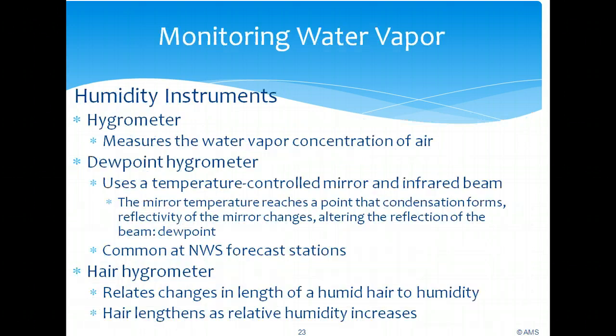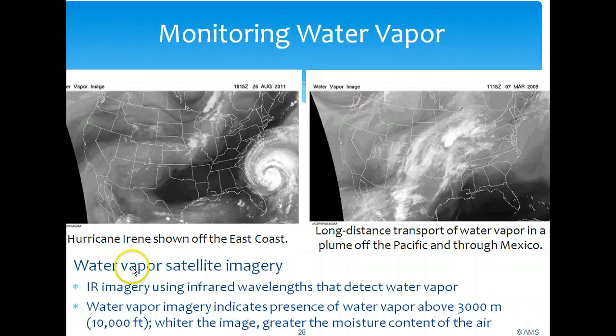One of the things that meteorologists need to do is to monitor the water vapor in the air, and they do this through a number of instruments. These are all described in your text, and I'm going to let you spend some time looking those over. There are a number of YouTube videos associated with the course that show how to use a sling psychrometer, which you can see a picture of in your text, and other types of instruments for collecting water vapor concentrations in the air.